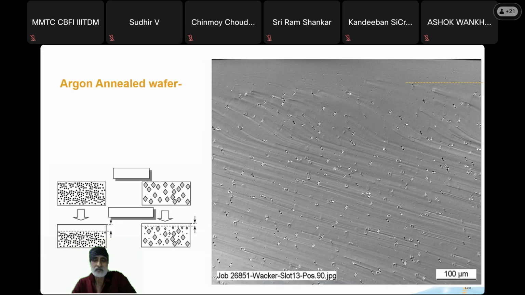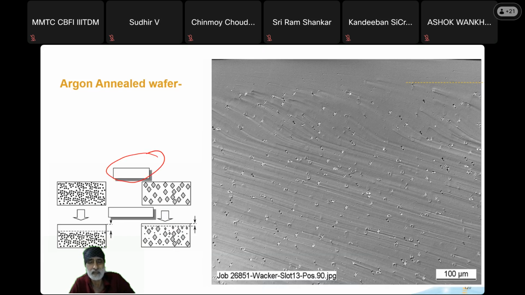Now we have taken that wafer, and this is the cross section of the wafer. There is a very complicated process to make these wafers from sand. It should be pure silicon, with no other material.